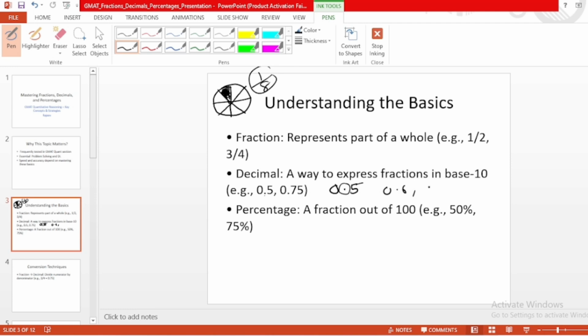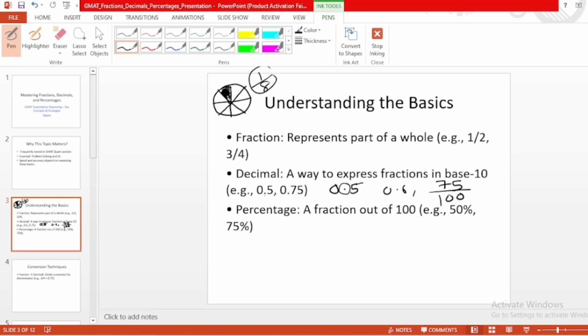We'll see about it in the subsequent slides, and just briefly, I'll give you an idea. Suppose we say 0.75. If we have to convert it to a fraction, we put it over a 1 with zeros. The number of digits after the point is 2, so 2 zeros and a 1. We'll see it in the slide also. I'm just giving you an idea.